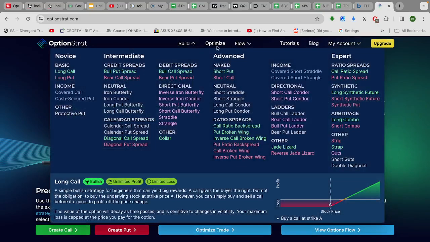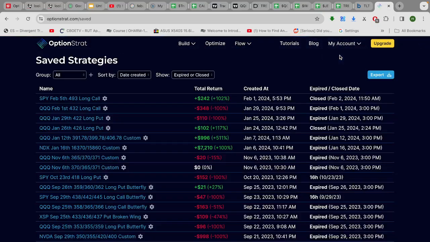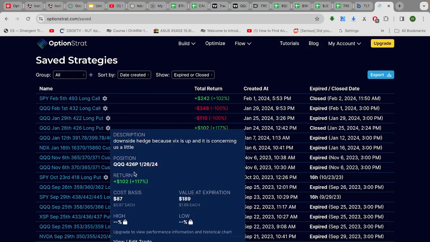We can look at it in here too. QQQ, long put. There it is, $102 profit. There it is, downside hedge because VIX is going up and it's concerning us a little bit.